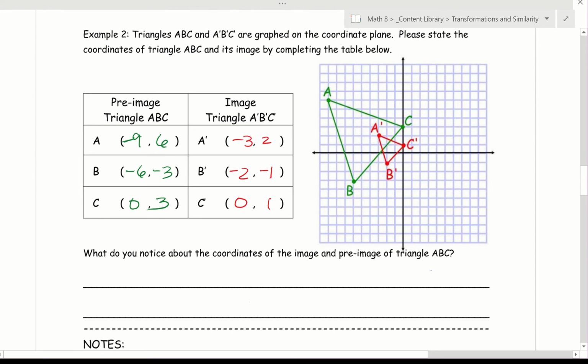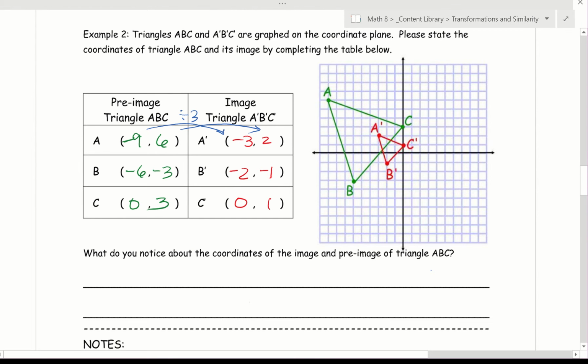So how do we get from the pre-image points to the image points? Well, let's see. How do I get from -9 to -3? I could add 6. But does 6 plus 6 equal 2? No. How do I get from -9 to -3? Well, I could divide by 3.